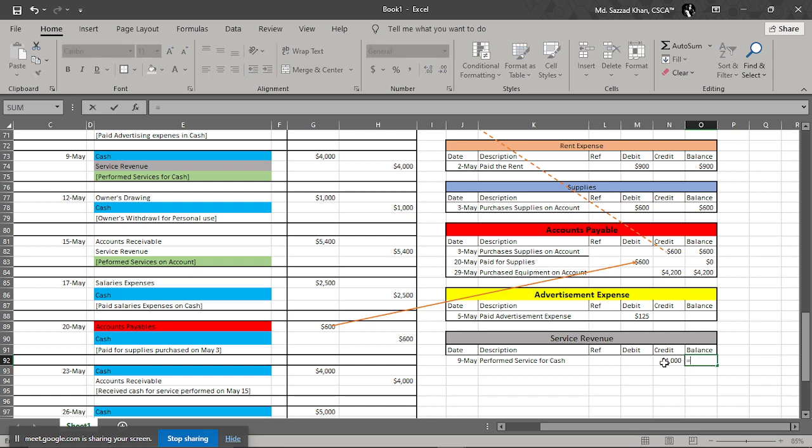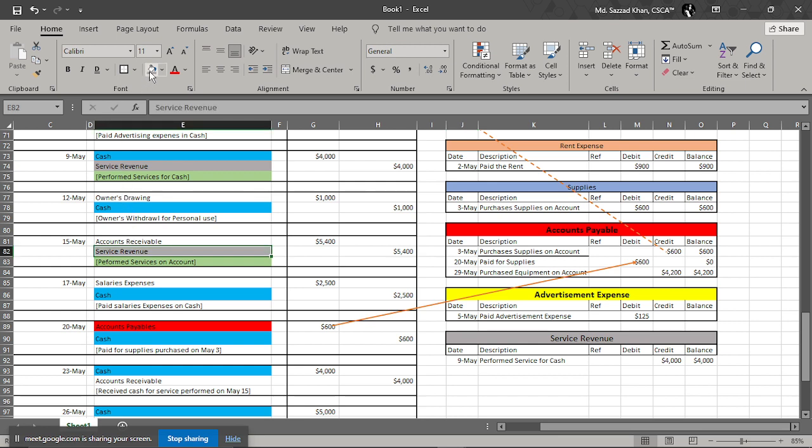The balance should be equal to that. Where do you find another service revenue? Here we have not found another one, right? So May 5th, but it was the perform service on account, not for cash, for account.